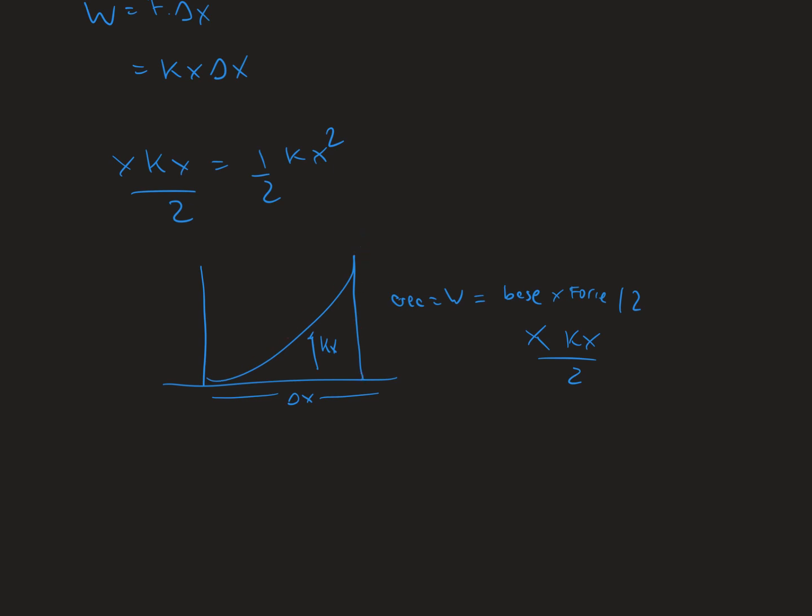So the work is going to be the area of this curve. kx is going to be this arrow right here, and the displacement is pretty much the base. So we could say that the work is equal to the base times the force divided by 2. That's how we got the x that represents the base, the force being kx, and we just divide it by 2.